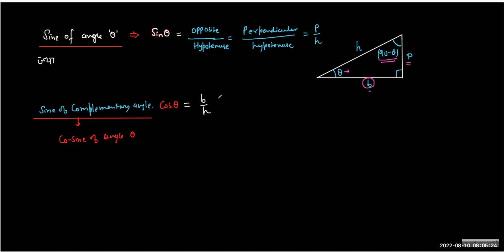For the complementary angle, the other side will be the perpendicular, and that's logical. So now we have cosine theta, and we call it B by H. I hope this is clear and not difficult. And then we have something called tangent.